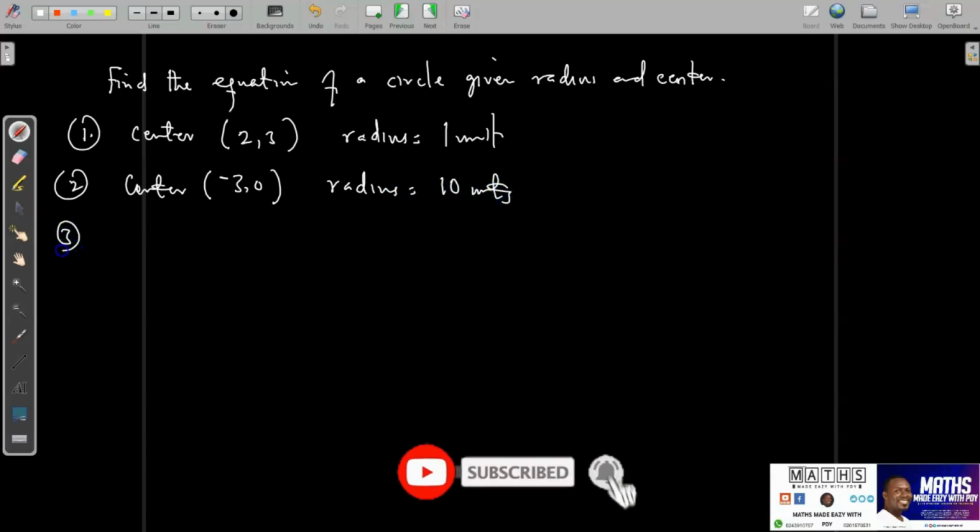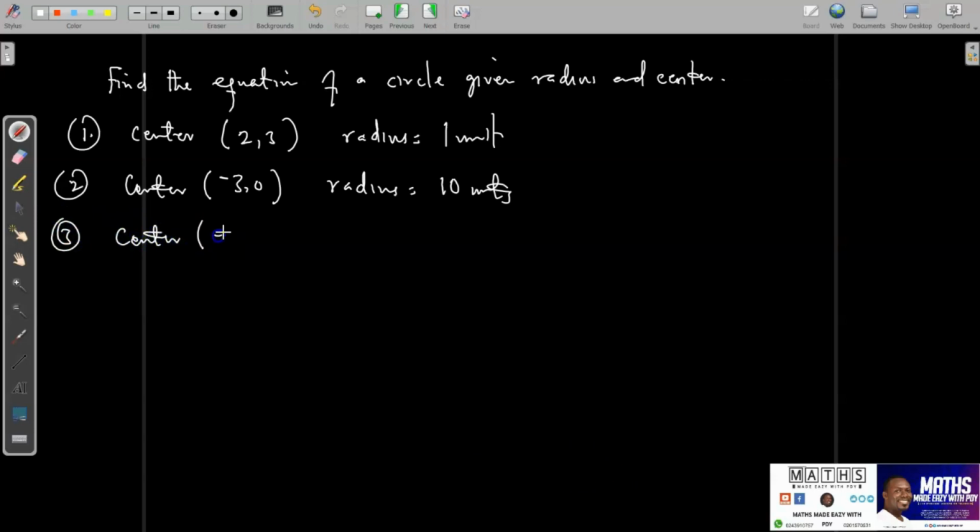Then the third one, we have the center as -1 comma 4 and then the radius as square root of 12. All right, so I've given you these 3 questions. Try your hands on them.